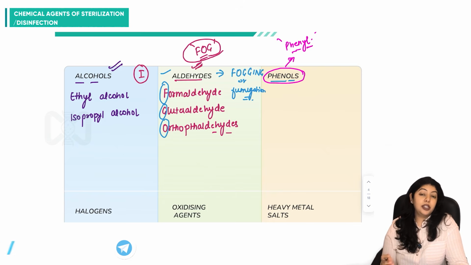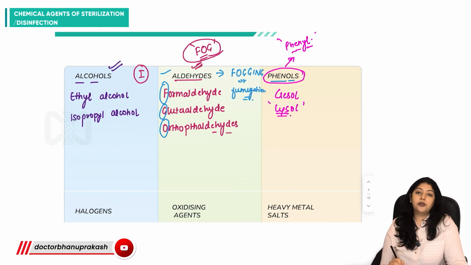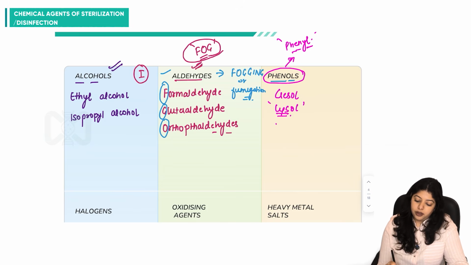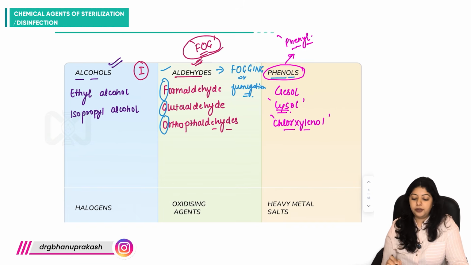And what do these phenyl or surface agents include? These are Cresol and Lysol. Lysol is used in our houses for cleaning the floors, right? So Lysol, Cresol, and Chloroxylenol, all of these agents come under phenols.